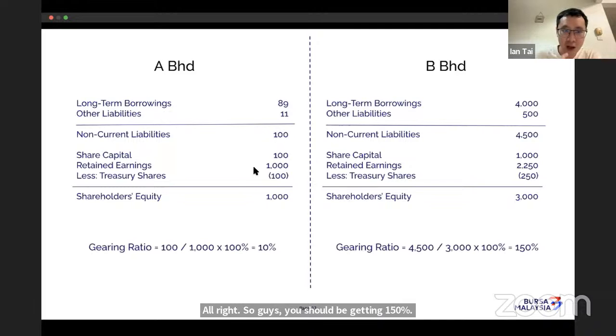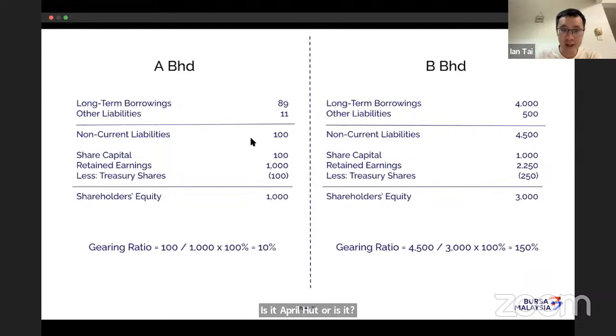Now, comparatively, if you compare A Berhad and B Berhad, see this gearing ratio, one is 10%, one is 150%. Which of the two do you think is more conservative when it comes to debt? Is it A Berhad or is it B Berhad? Definitely, I would say A lah.